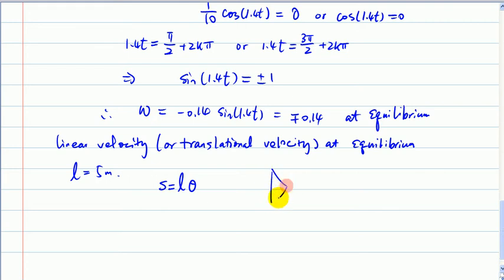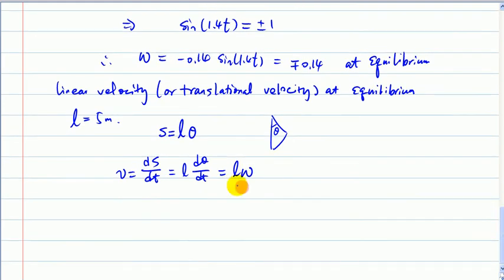Now the translational or linear velocity v is equal to ds over dt. Here L is a constant, so that becomes L d theta over dt. In other words, v equals L omega. So this is what we're looking for.